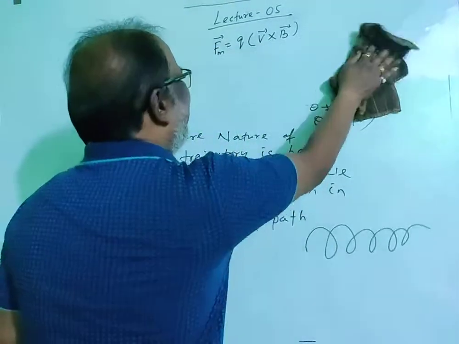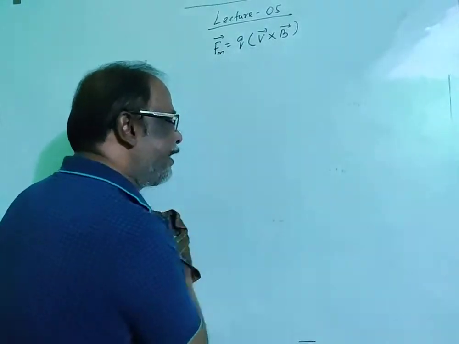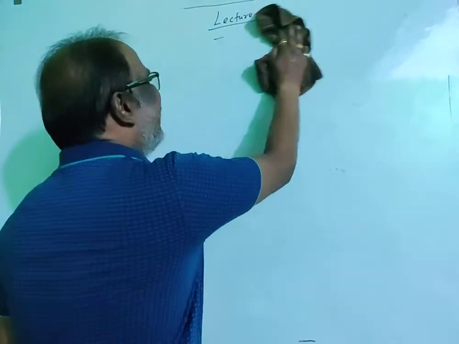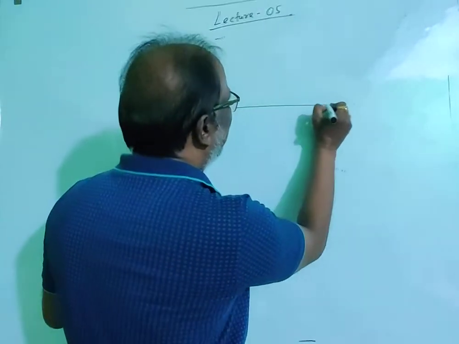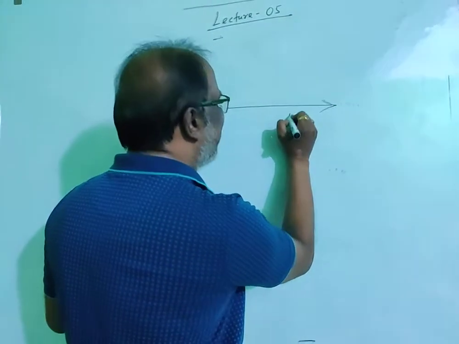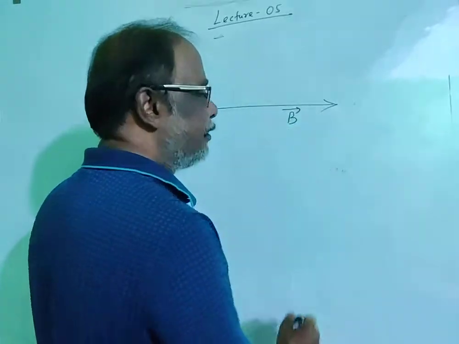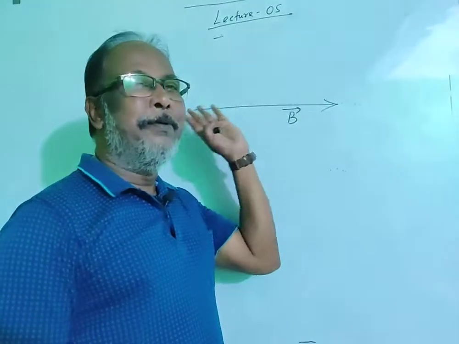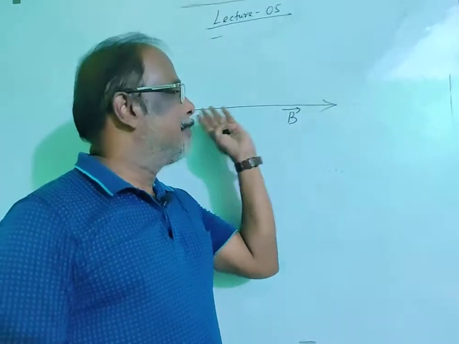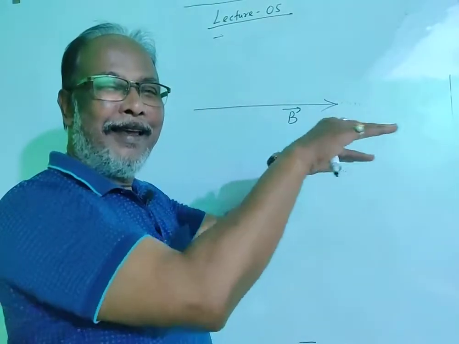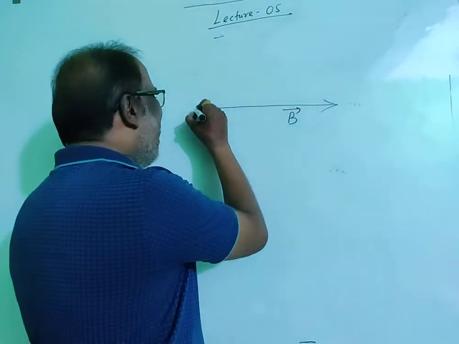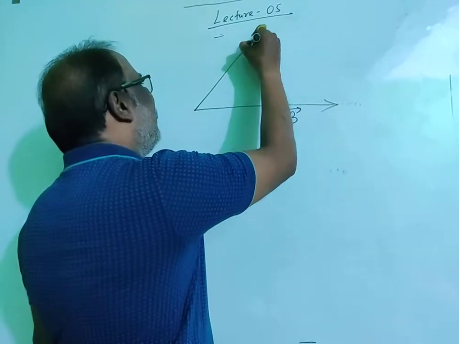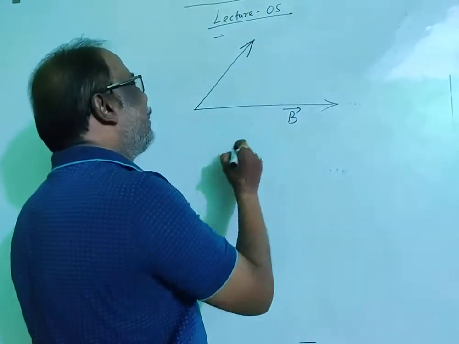If a charged particle moves at any angle to the magnetic field, let's consider a uniform magnetic field is established along the x-axis, and a charged particle is projected into the magnetic field.